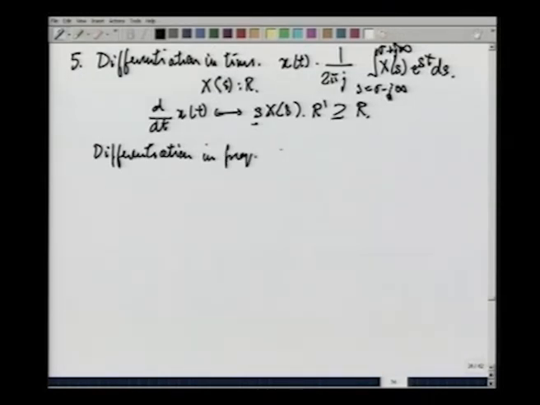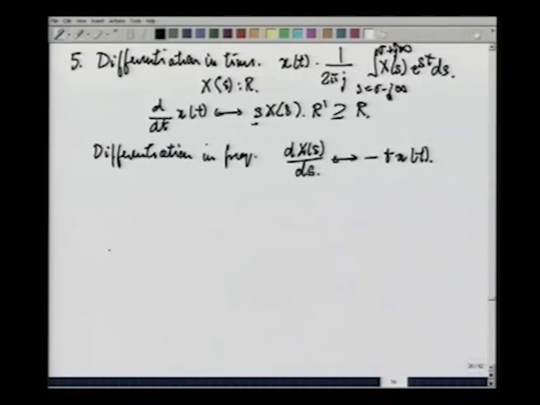That is, we want to ask what happens if you consider dX(s)/ds. This turns out to have a time function counterpart given by minus t x(t); there is no j, minus t x(t), that is all.